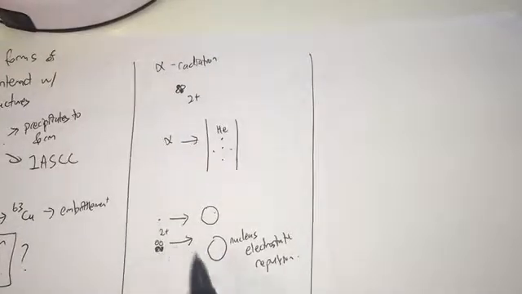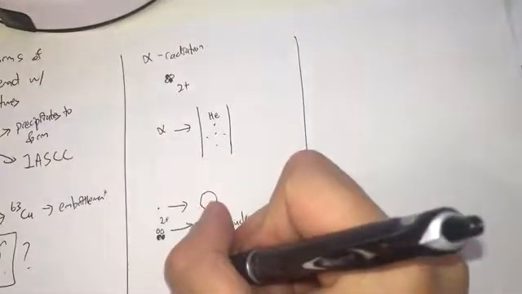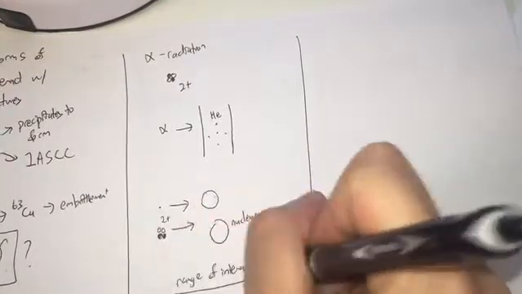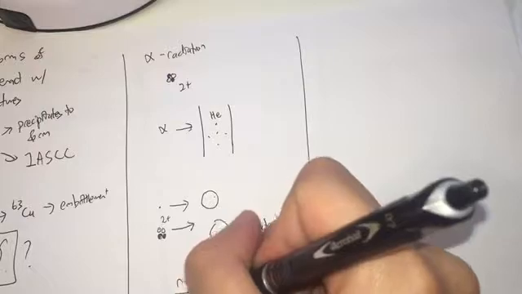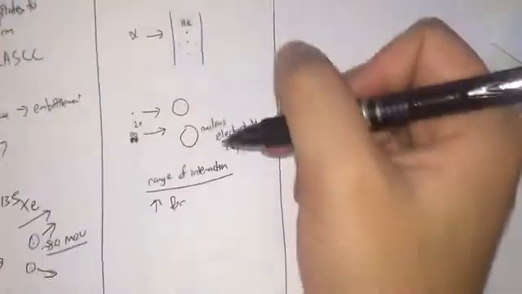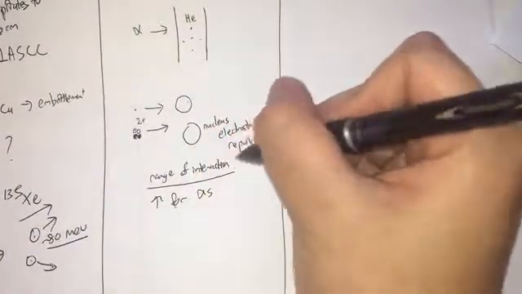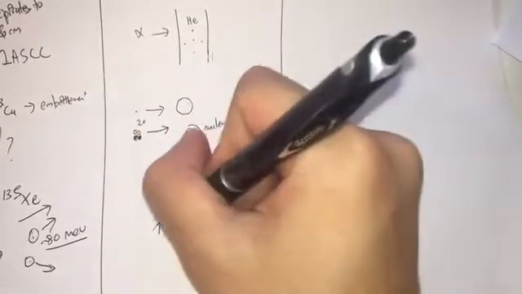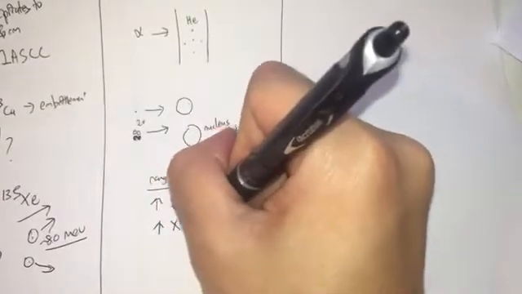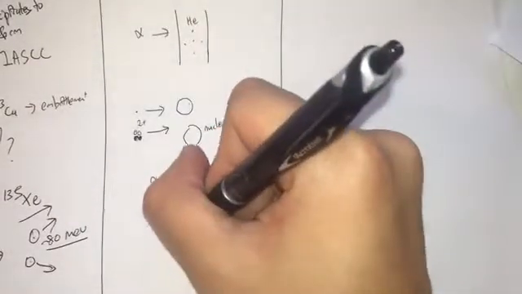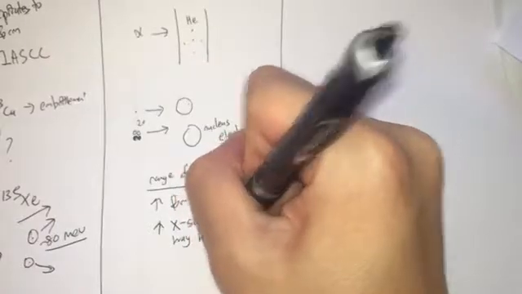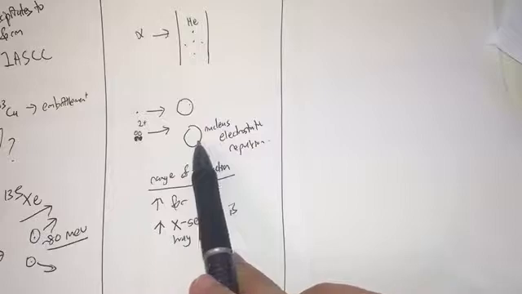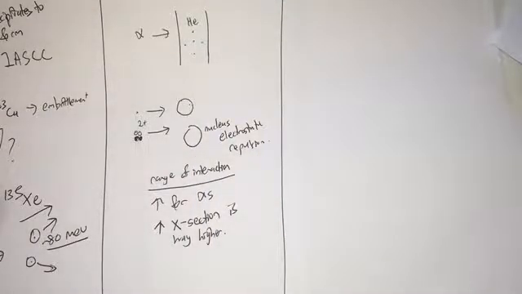So the range of interaction is higher. It's more for alphas because of the range of the electrostatic force. That means that the cross-section is way higher. So the frequency of this alpha interacting with the nucleus is a lot higher by virtue of its charge.